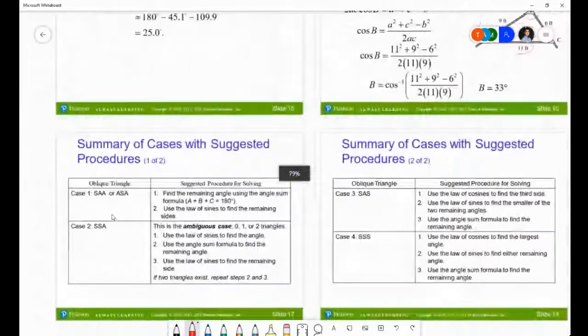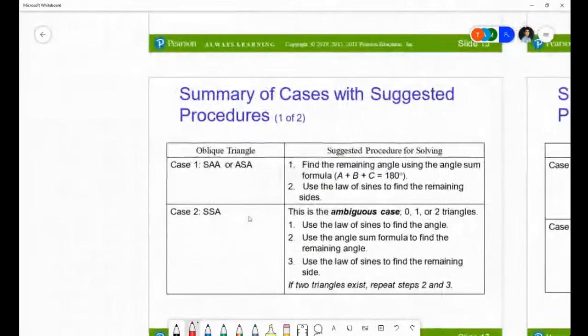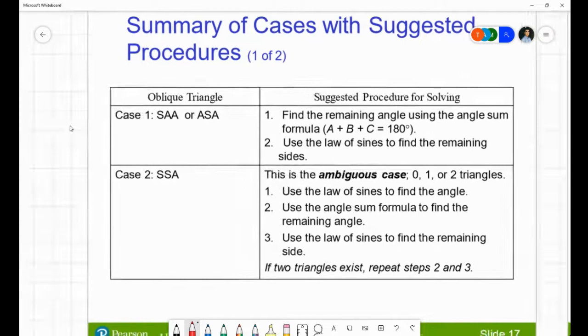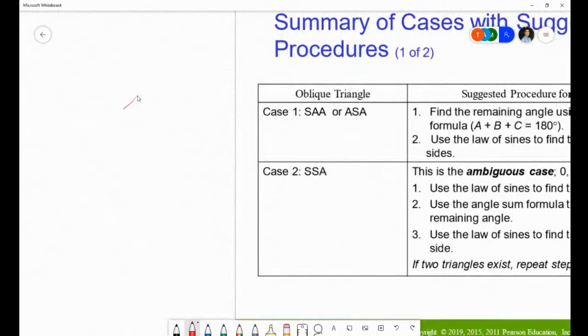All right, so let's look at the summary of what we have here. If you have side-angle-angle or angle-side-angle, anytime we do this, we're going to be able to use the law of sine. Now let's look at what side-angle-angle looks like. When I have side-angle-angle, I have this side, this angle, and this angle.